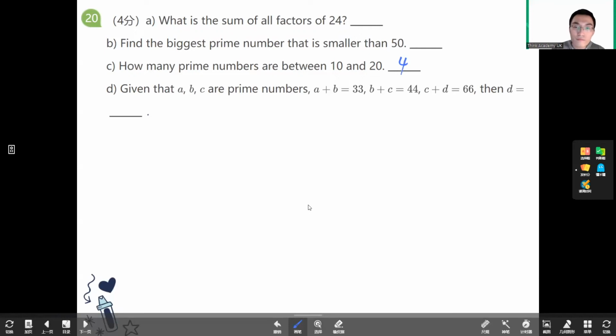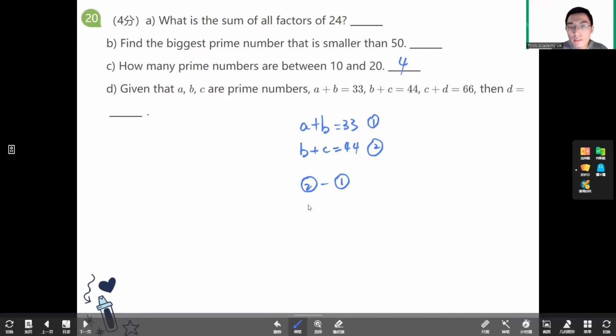So let's see. According to the first two equations, A plus B is 33, B plus C is 44. This is testing if you're confident and proficient with manipulating these equations. This is equation 1, this is equation 2, and we can do equation 2 minus equation 1. This is the first content from the first lesson in the alternate term lesson.